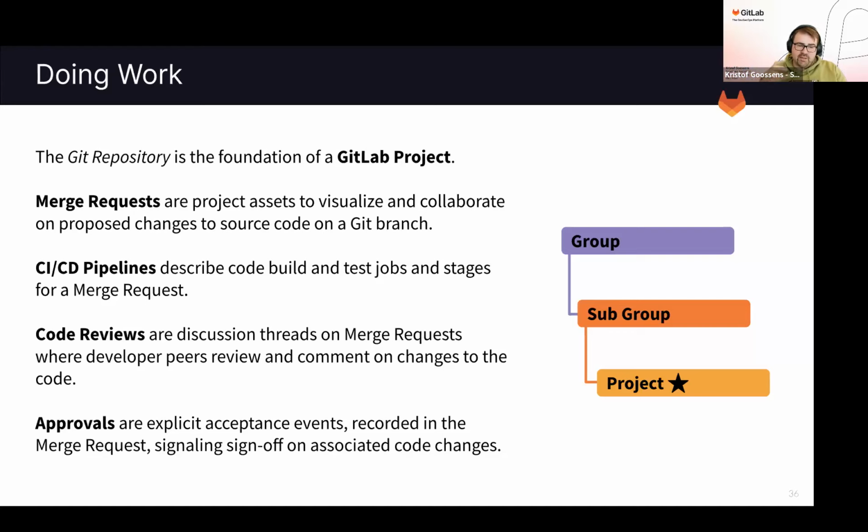Code reviews are done there, making sure that everything is up to the standards of the organization. And finally, because you have all of the information readily available, you have the approvals there. And there you can also set up the right policies, the right rules on when an approval is required and when it can be an optional approval.